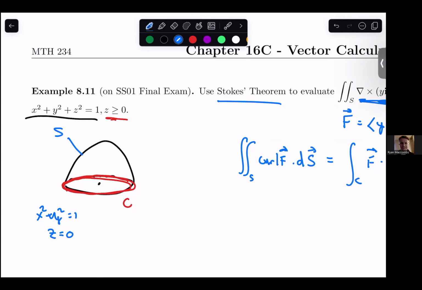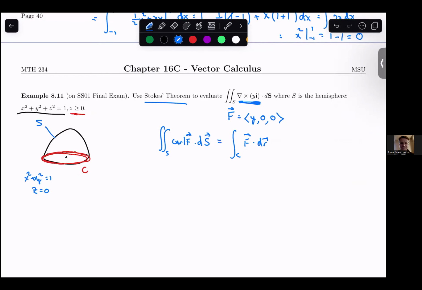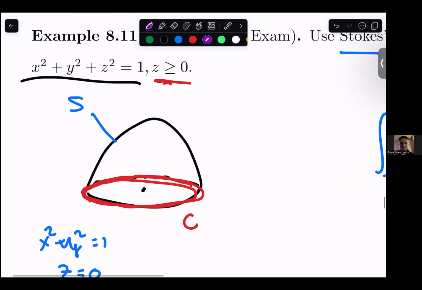Okay, so let's remind ourselves that when no orientation is given, we're assuming a positive orientation. That means that it's going to be pointing upwards or outwards. So our normal vectors for this surface are going to be pointing upwards, something like this, or outwards.